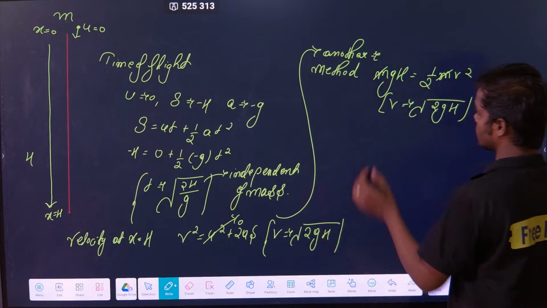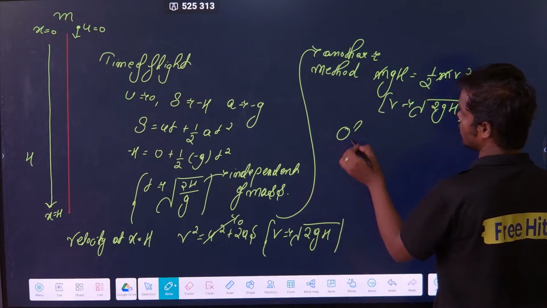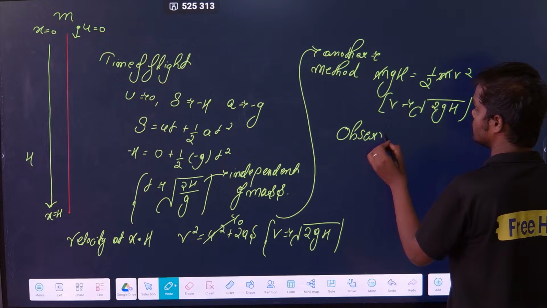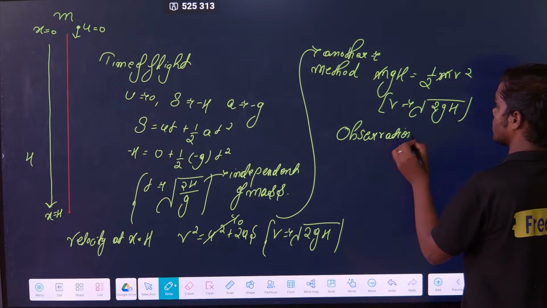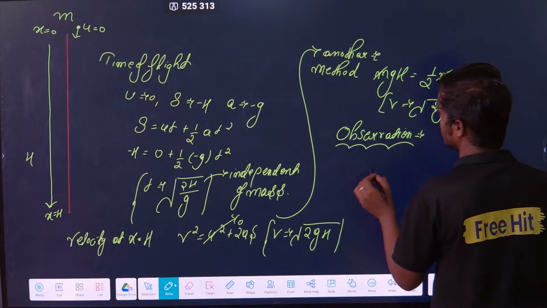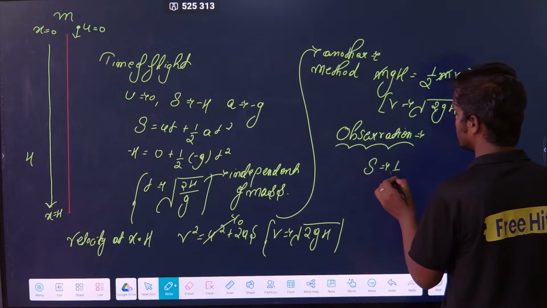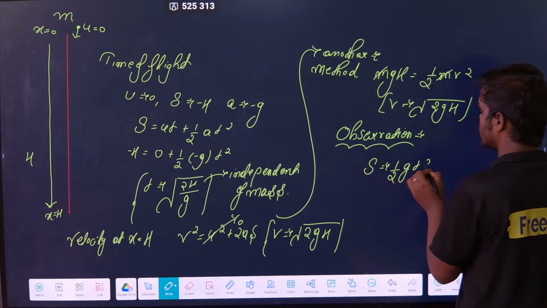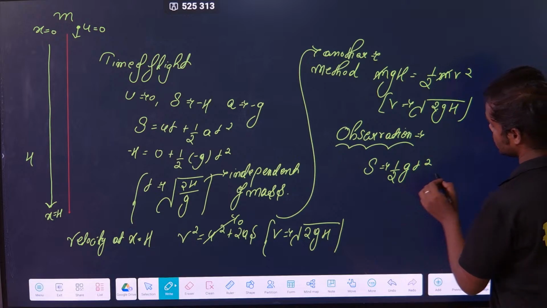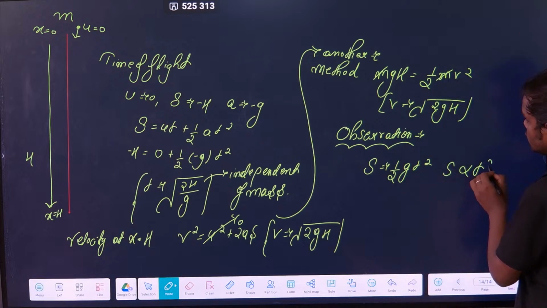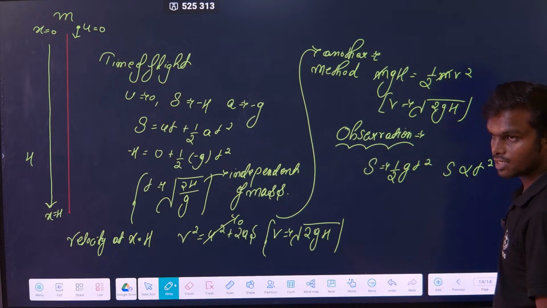Any doubt? One more observation I would like to tell you. The observation is very simple. We know S is equal to half gt square, correct? So I can say my S is directly proportional to t square. Are you getting my point?